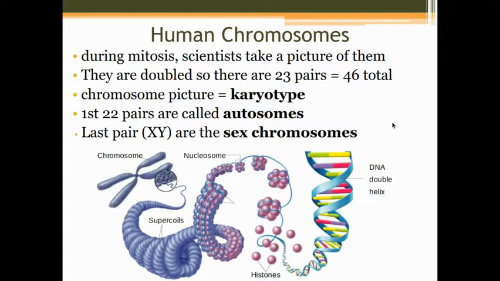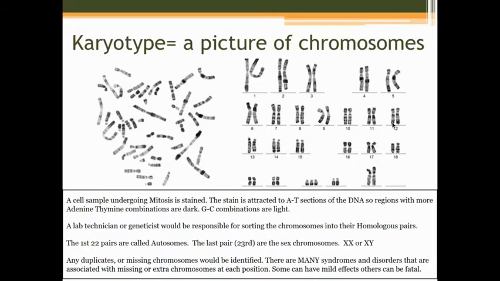We can look at a picture of karyotypes, of chromosomes, using a technique called karyotyping. What we do is we find a cell sample undergoing mitosis and we stain it.